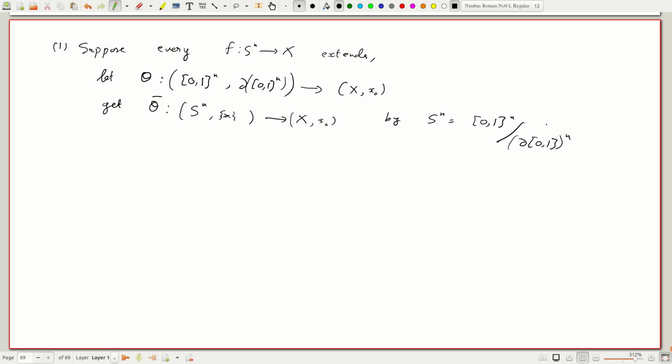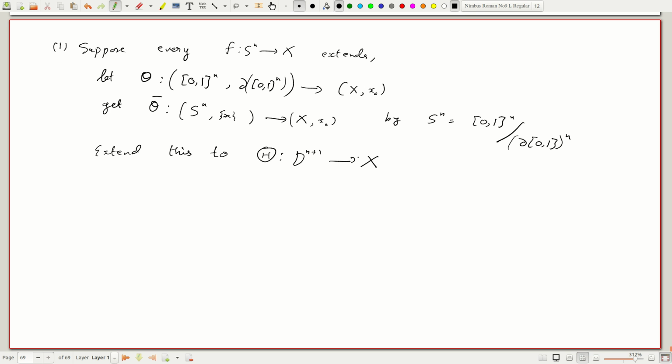Okay, so far so good. Now we have a map. Do we extend this? Let's call it some capital Theta mapping D^(n+1) to X.